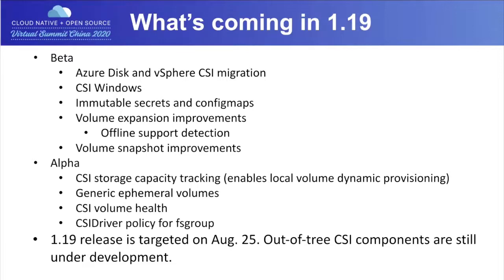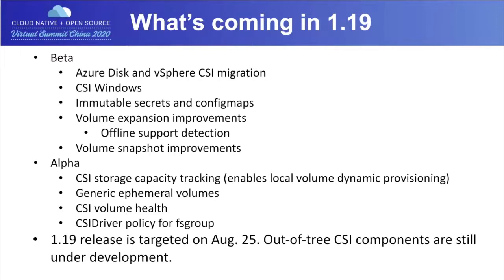So if you have a local volume CSI driver, this feature lets you report capacity per node per storage class. If you have a CSI driver that deals with storage on a rack basis, you can report how much capacity you have for provisioning volumes on a per rack and per storage class basis.